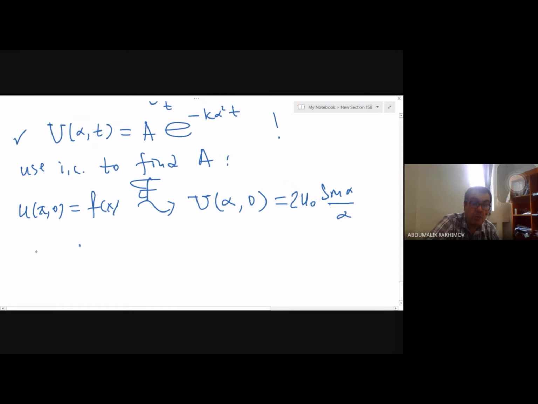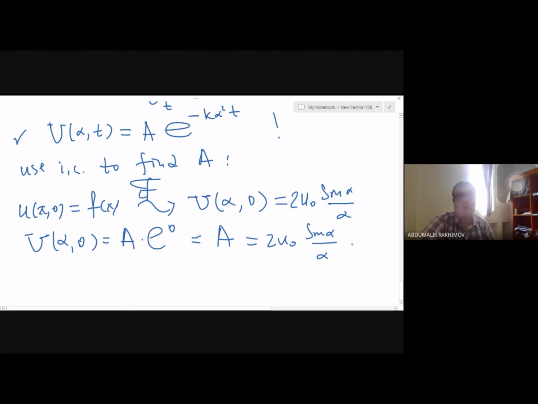So what is U(alpha, 0)? It is A times exponential 0, because when t equals 0, I get exponential 0 here. Exponential 0 is 1, so it is equal to A. So if I compare both, A must be equal to u0 sine alpha over alpha. Clear?